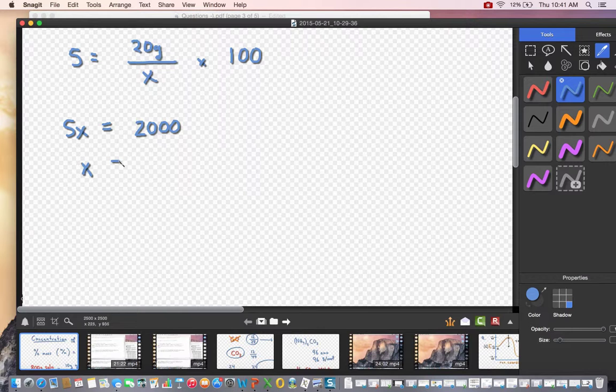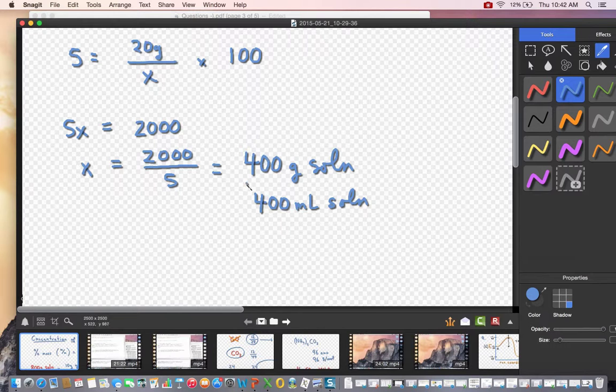X, of course, will be 2,000 divided by 5. Let's start using some common sense for estimating this. 2,000 divided by 10 would be 200. This is going to be twice 200, so this would be 400. 400 grams of solution would be 400 milliliters of solution, which would be our final answer.